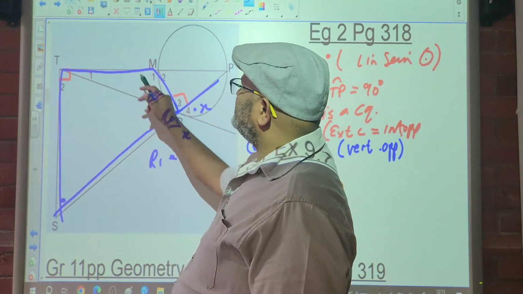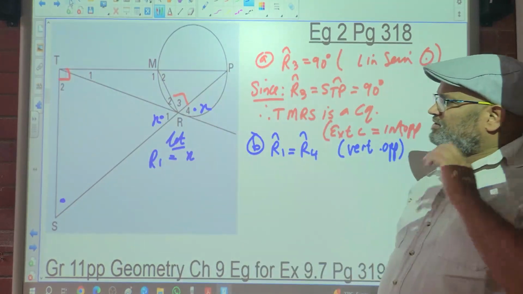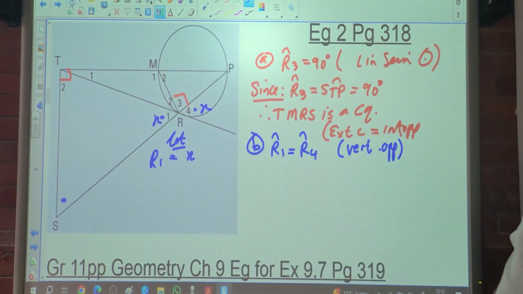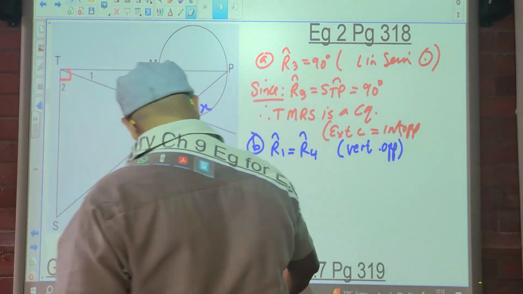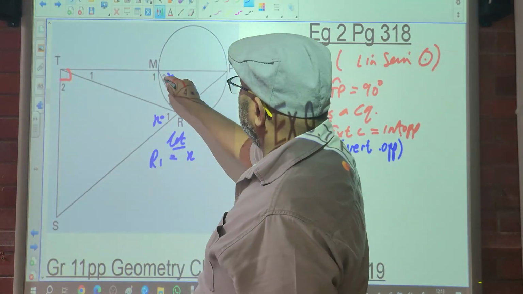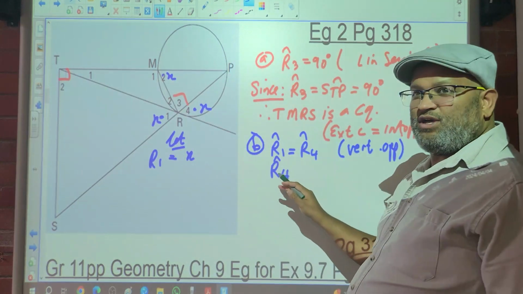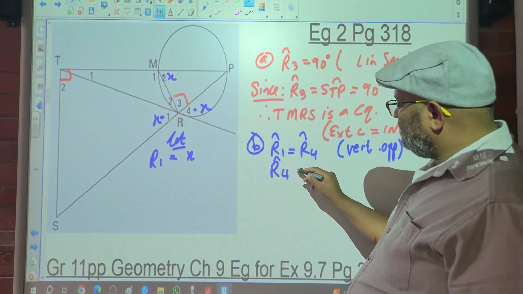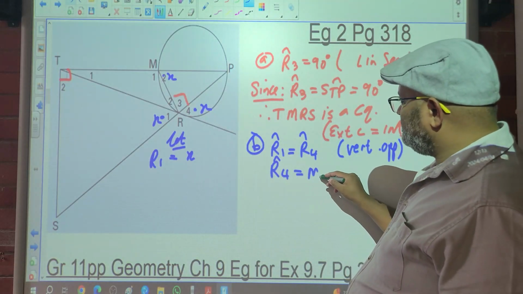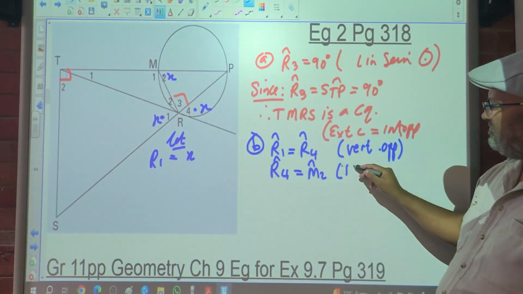One of the sides must be extended. R4 is equal to which angle? M2 is. Why? So R4, I'm going to show you now how to do it without your x. The holiday is over. So R4 is equal to M2. Why? Tan chord theorem.